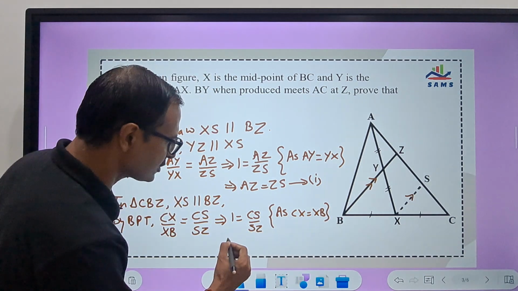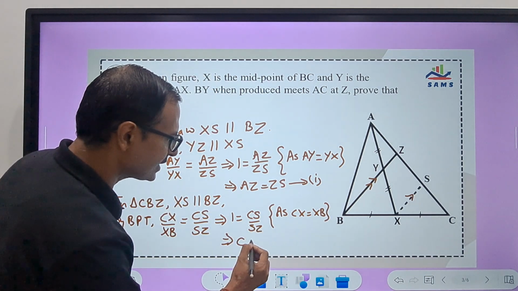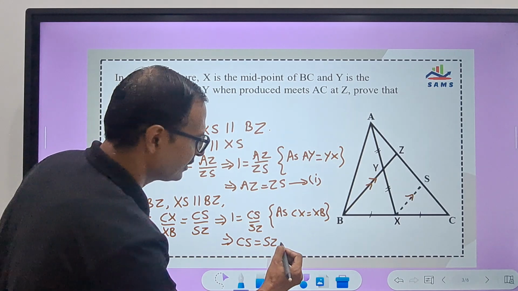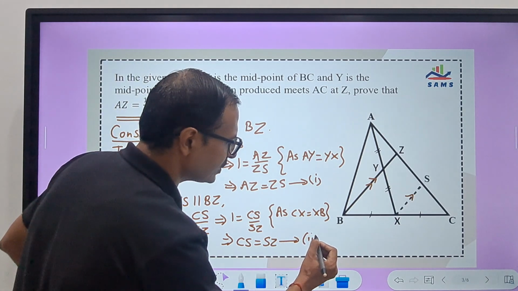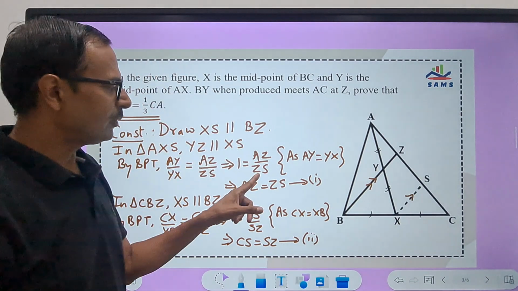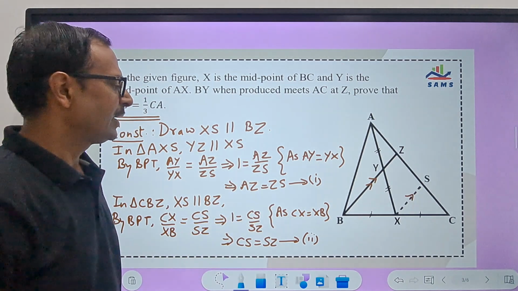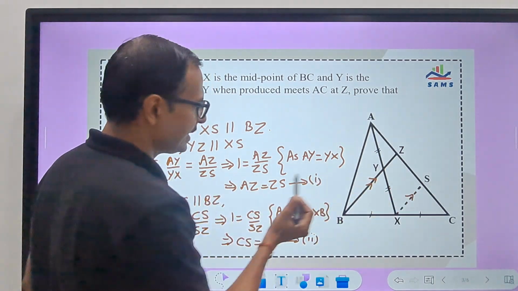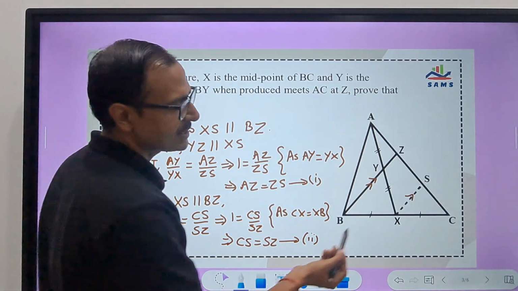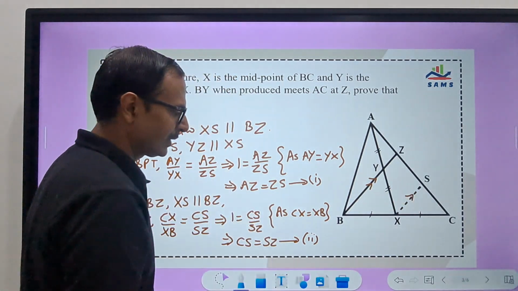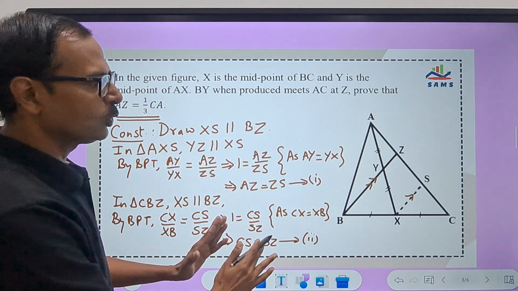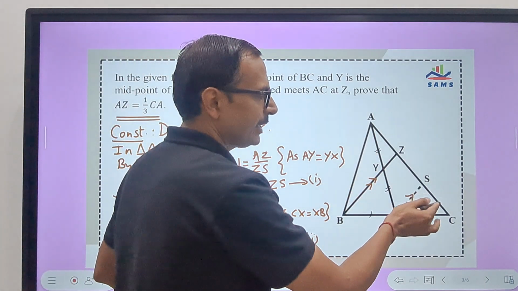And so if you cross multiply this, you are going to get CS is equal to SZ, which forms the second equation. So now see the first one and the second one. AZ and ZS are equal, CS and ZS are equal. That means from 1 and 2, all these three parts are equal.